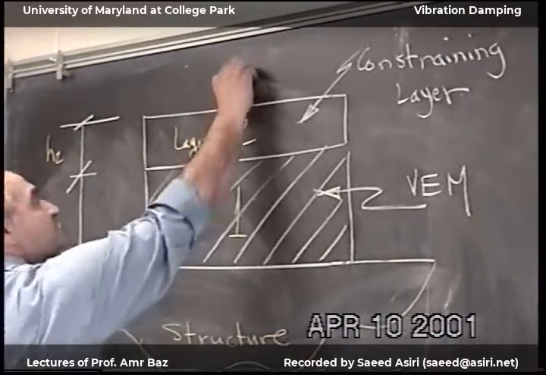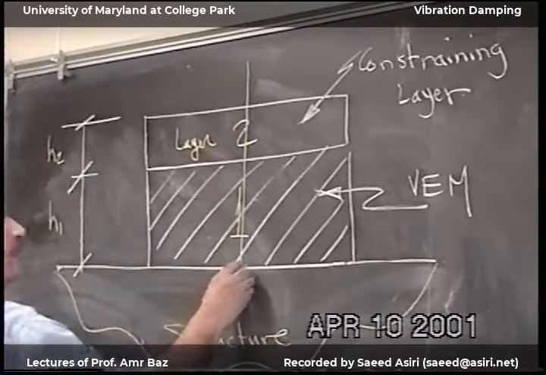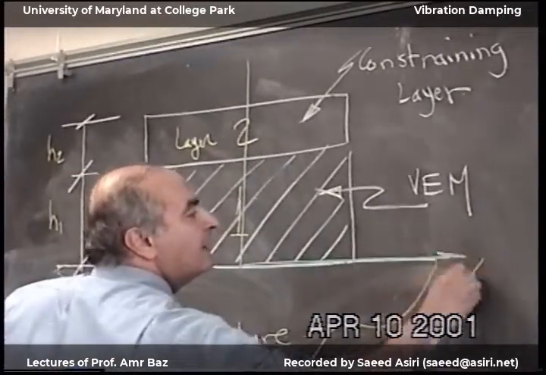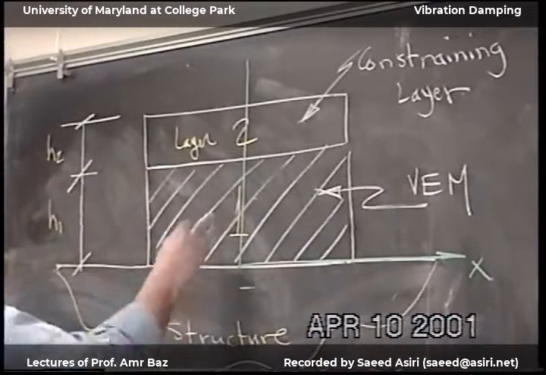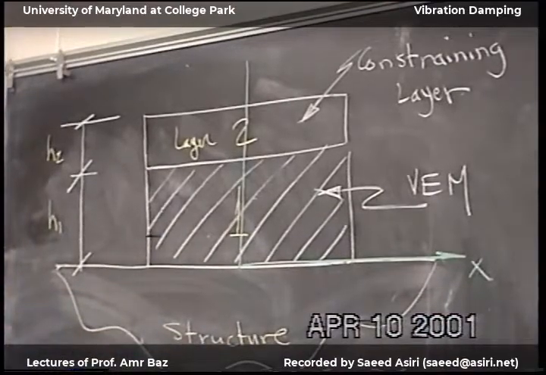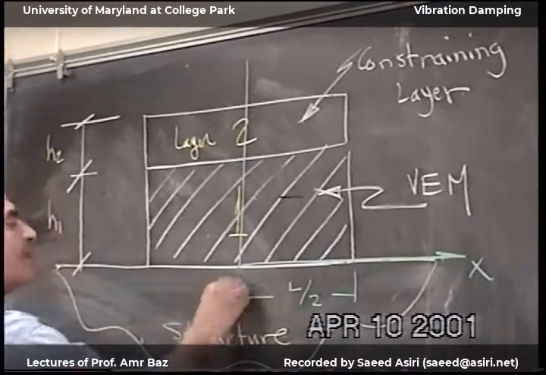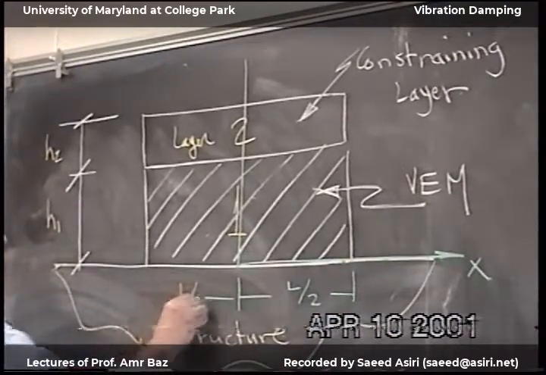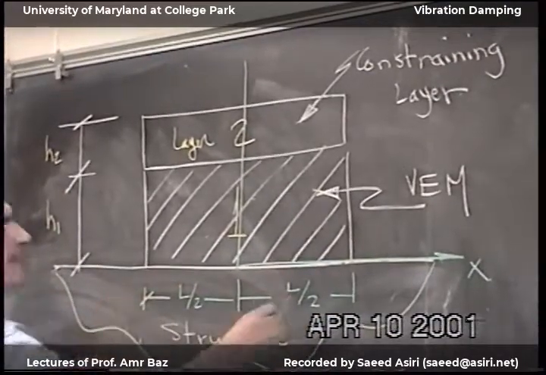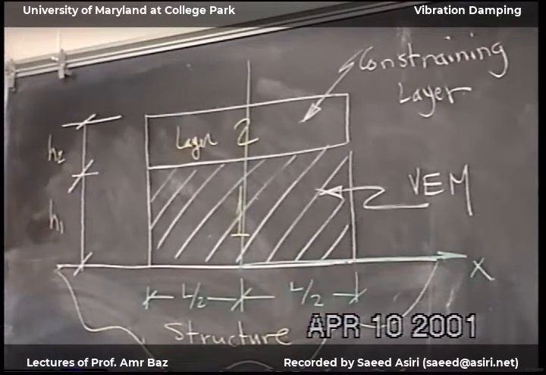And this will have an x-axis, and the origin I put in the middle of the constraining layer, so this distance is L over 2, this distance is L over 2, or minus L over 2.